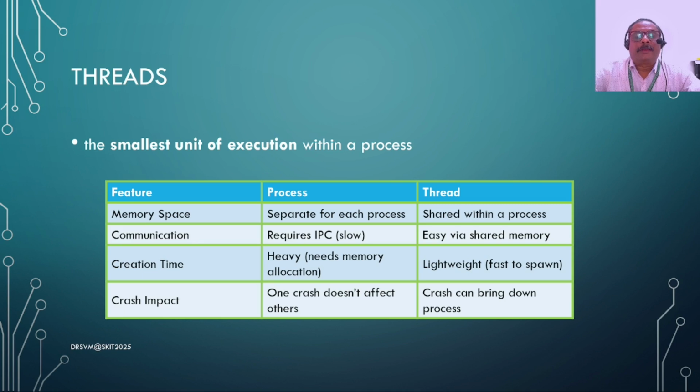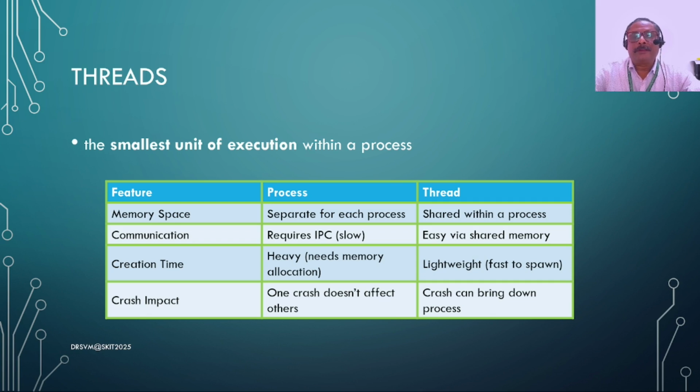Creation is heavy for a process, because whenever a process is being created, first we need to look at what is the size of the memory required, what all the components of the memory are required: how much memory is required for the code, for the data, for the stack, for the heap.